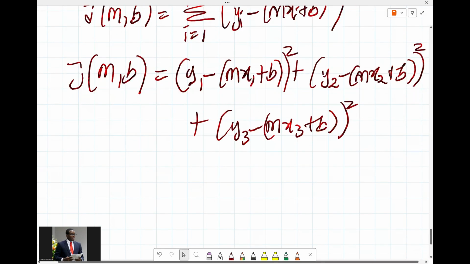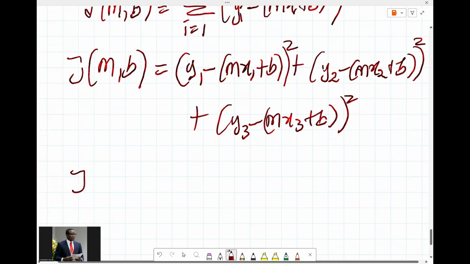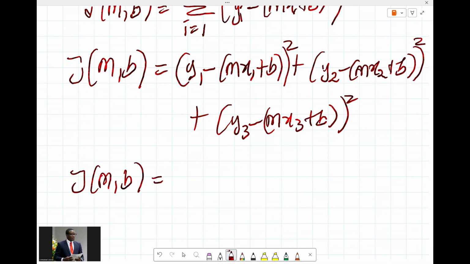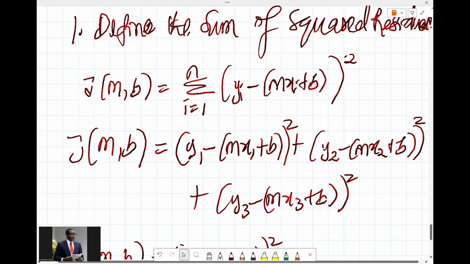So what do we have? We have J(m, b) equals, so (1, 2). y1 is 2, and x1 is 1. So we have 2 minus (1 times m plus b), all squared.